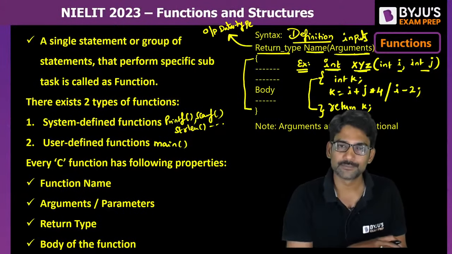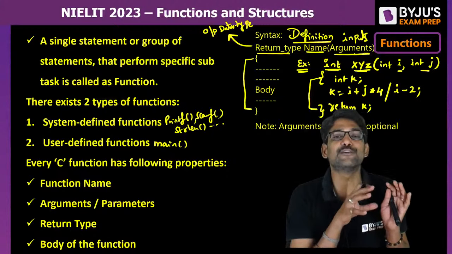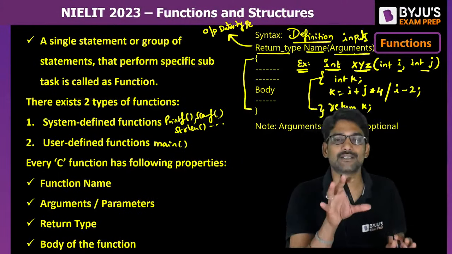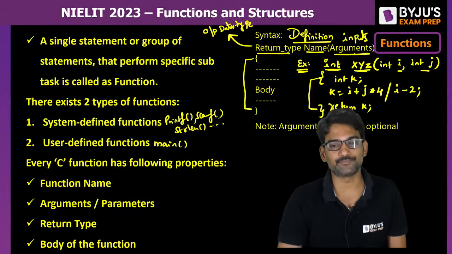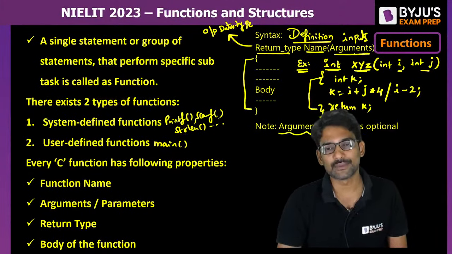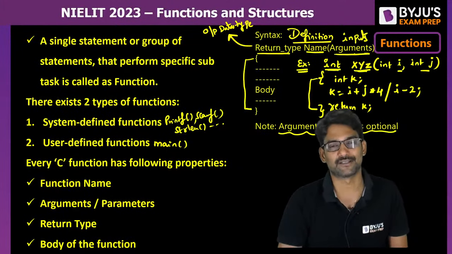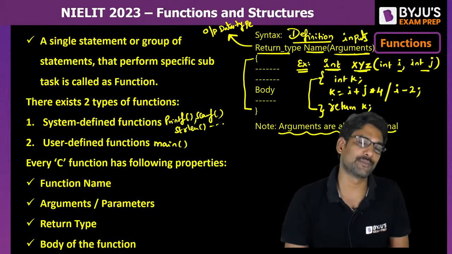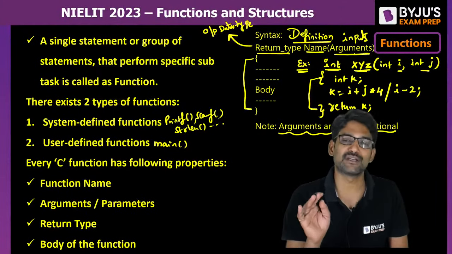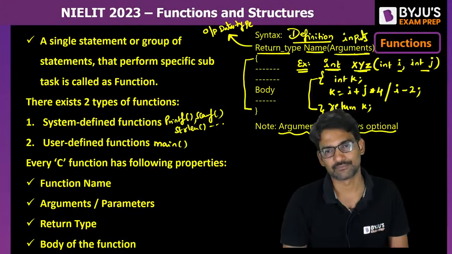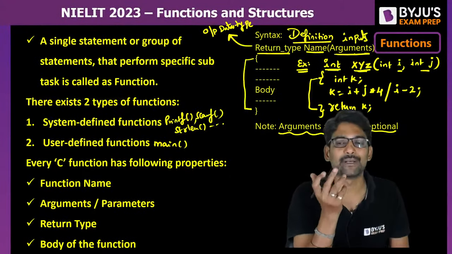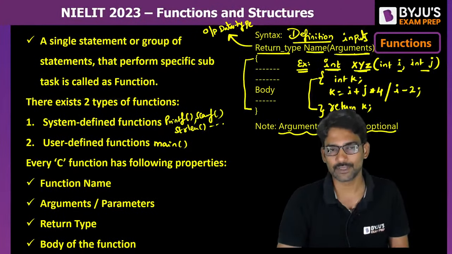What this function gives you back is called the return type. And please remember, arguments are always optional. Every function need not have arguments. It may or may not have them, meaning the arguments part you can keep empty also.